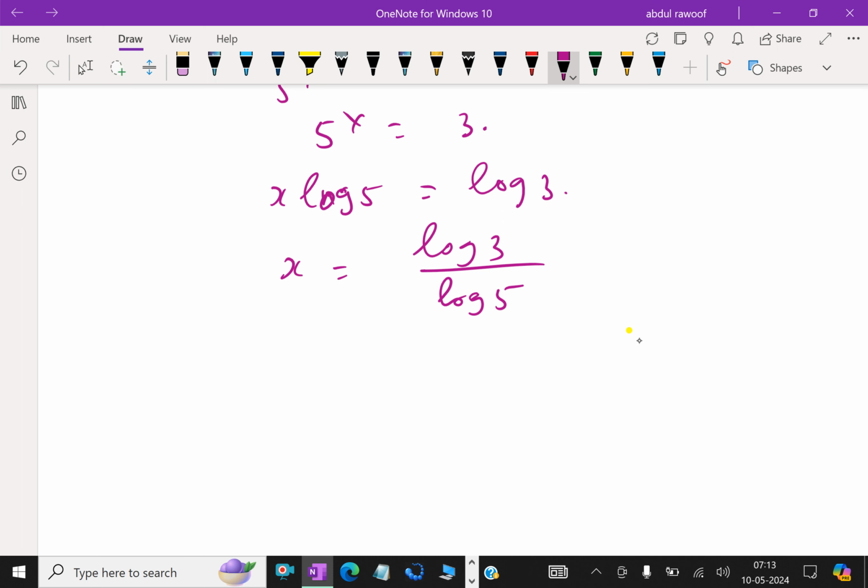So by using calculator, you can find this log 3 with base 10. Log 3 equals 0.47712 over log 5 equals 0.699.